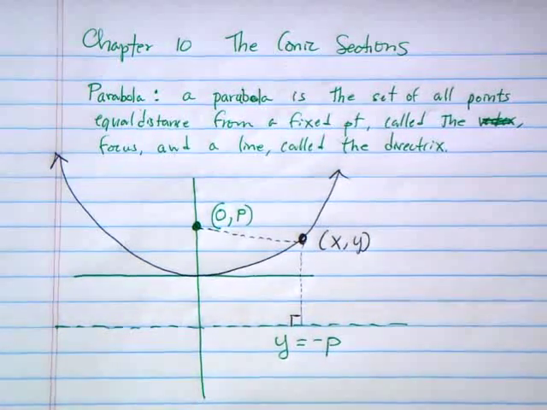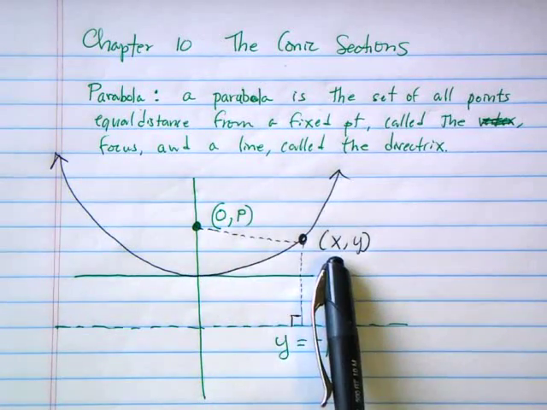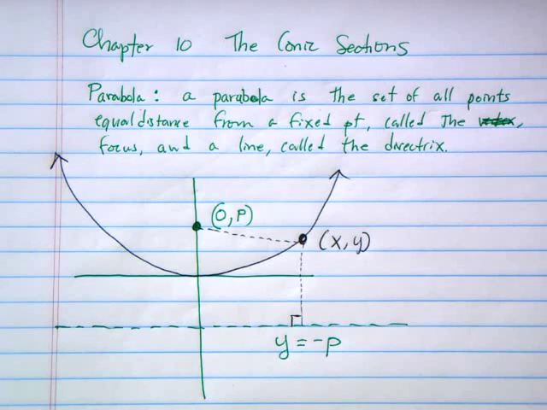How do I find the distance between this point (0, p) and this point (x, y)? How do we find the distance between two points? We use the distance formula. That's correct.